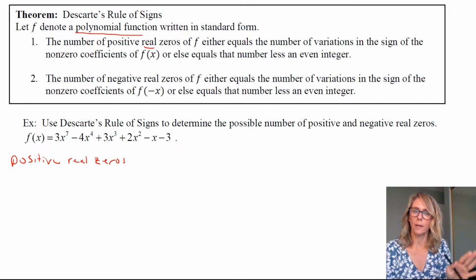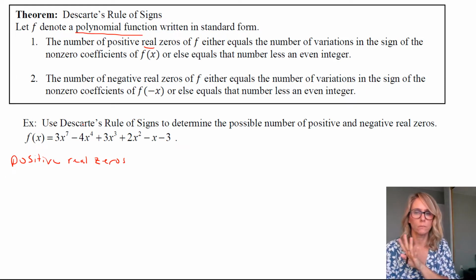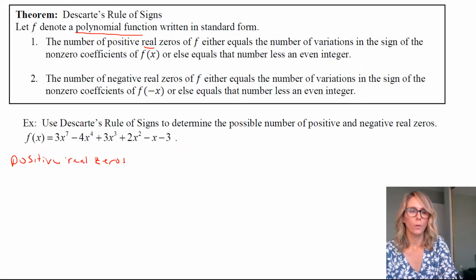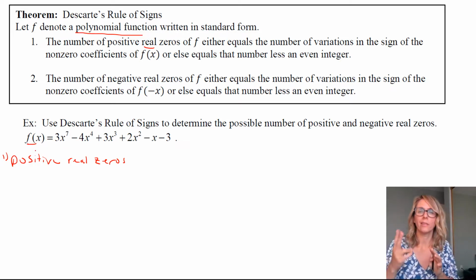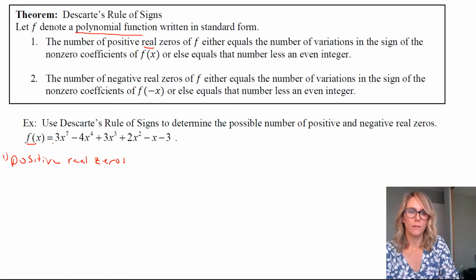So here we are being asked to use Descartes' rule of signs to determine the number of possible positive and negative real zeros. To find the possible number of positive real zeros, we take a look at our function and see how often the sign changes from term to term, positive to negative. Notice that we go from positive to negative to positive to positive to negative to negative.